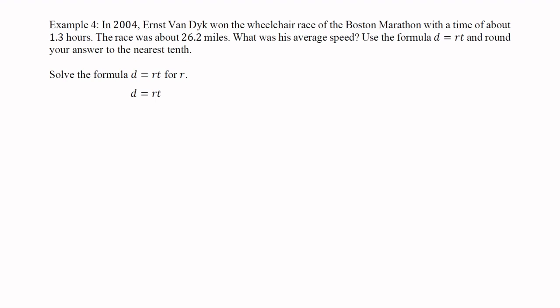So d equals rt. We've got to get the t off of that r. Since we're multiplying the r and the t, we're going to divide each side by t, and that gives us d over t equals r. Now that we have a formula for our rate, we can use the formula to solve for r.